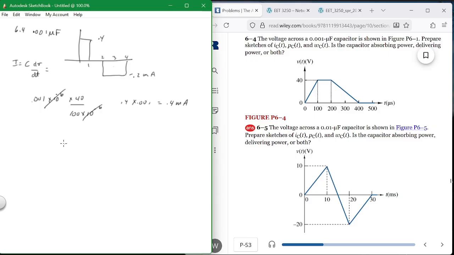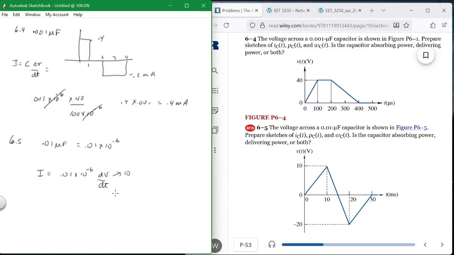So what would be my 6.5? What is my capacitor? 0.01 microfarads. So that equals 0.01 times 10 to the minus 6th. What is I? I equals C, 0.01 times 10 to the minus 6th, dV over dt. So the dV is 10 volts.